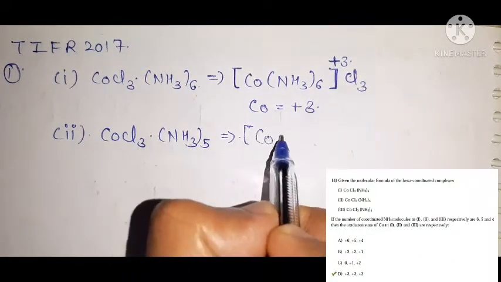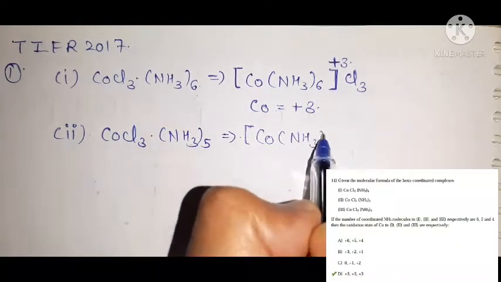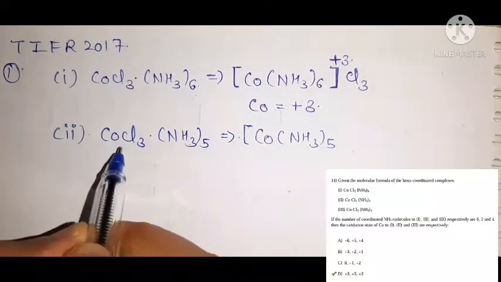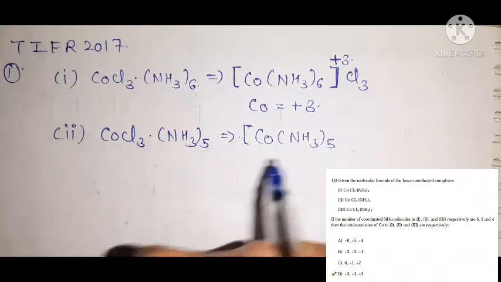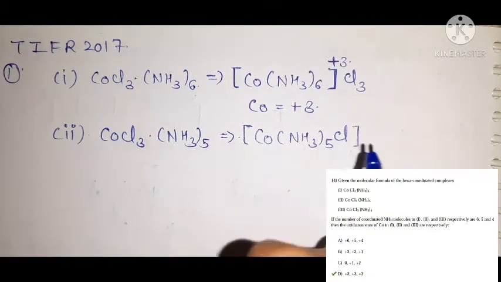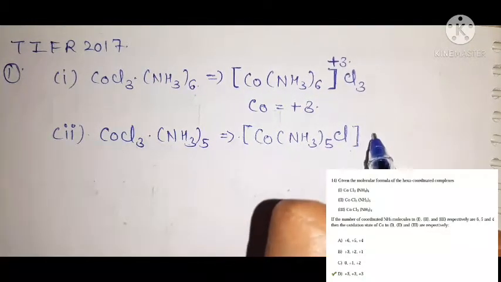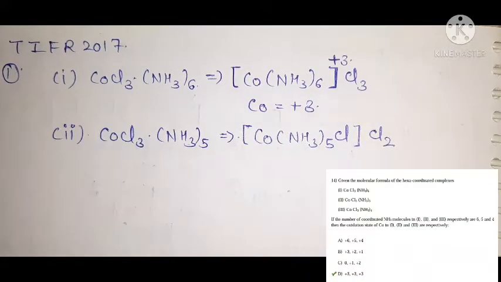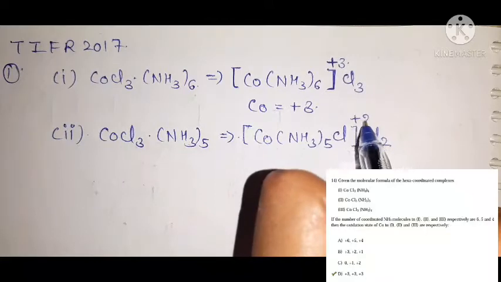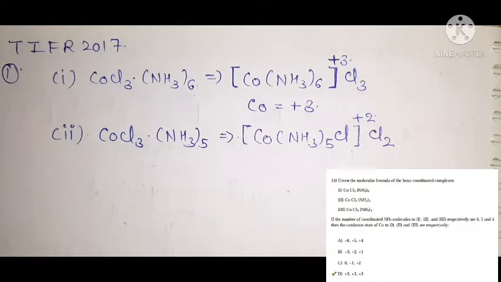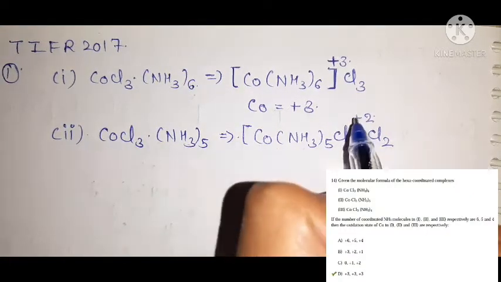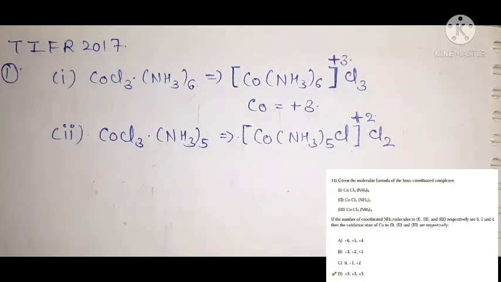So out of these 3 chlorine atoms, 1 chlorine is attached with cobalt. Now 2 chlorine atoms are present as secondary valency in this complex. So the primary valency of this complex is +2. Remember, this is the valency of the complex, not the valency of the central metal atom.